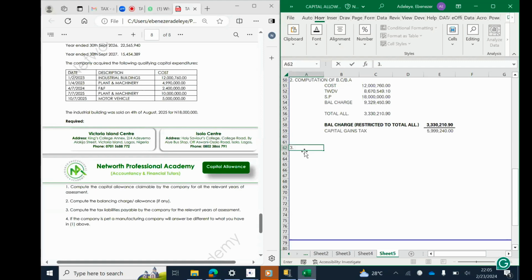Number three, computation of the tax liabilities.